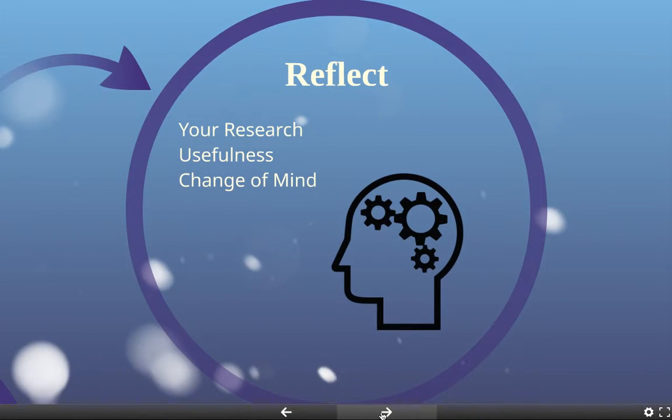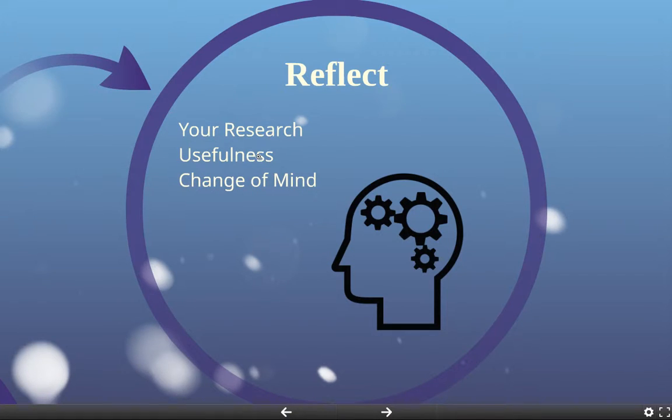And finally, in your annotation, you will reflect. So you're going to ask yourself some questions about how the resource will fit into your research. And so in the last paragraph, you're going to say, I think this book or article will fit in with my research, or I think it's appropriate for my research, and give me the reasons why.